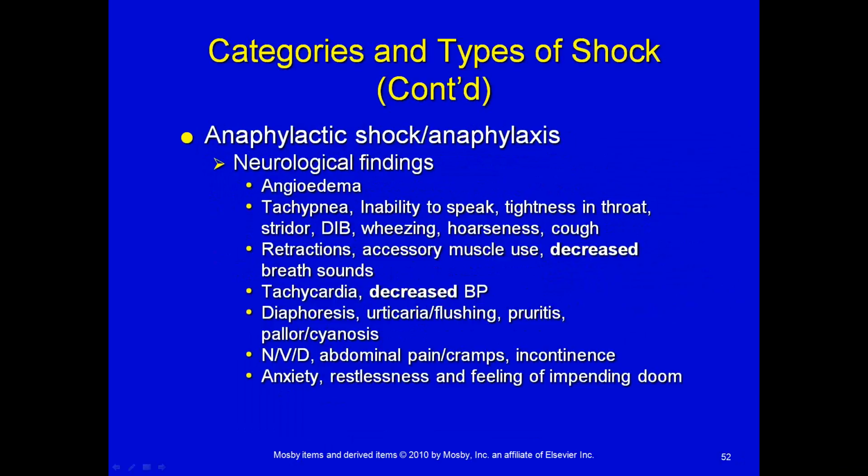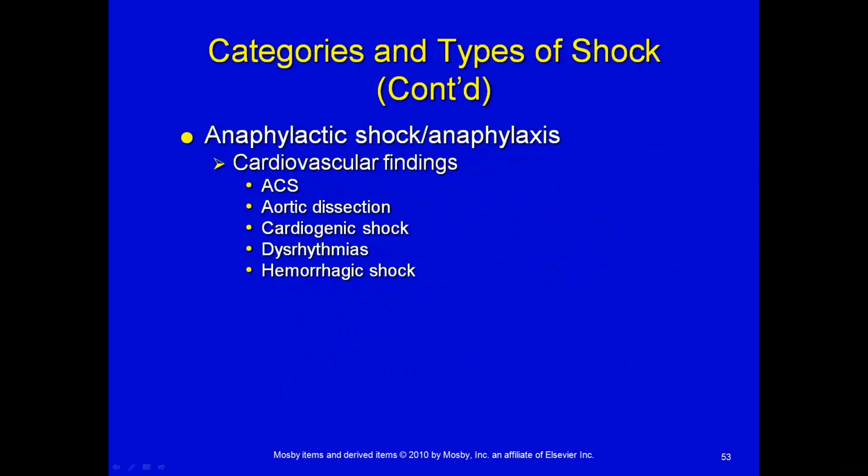You get the urticaria or the hives, the itching, pale, nausea, vomiting, and diarrhea because you get a lot of abdominal cramps and can have incontinence of stool because of all that abdominal cramping from the release of the inflammatory chemicals in the body. And of course, anxiety would be an early sign in somebody who's in shock.